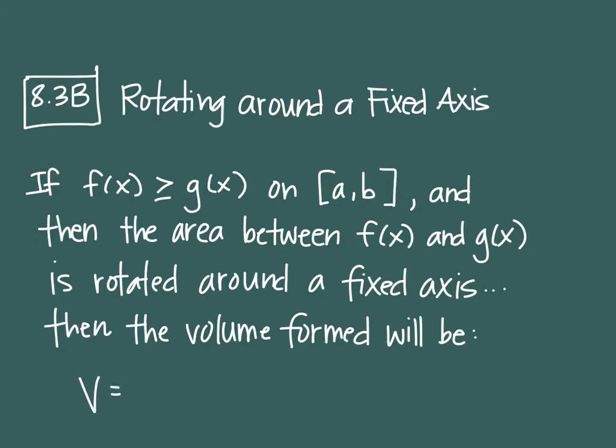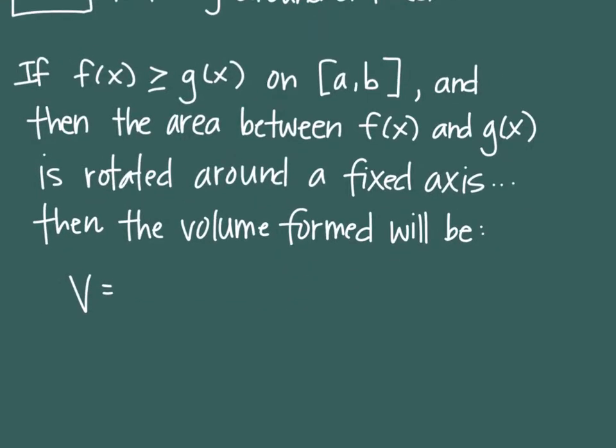V equals the integral over the interval from a to b of pi times, and we're going around something, so this has got to be pi r squared somehow. So it's going to be pi times something squared.